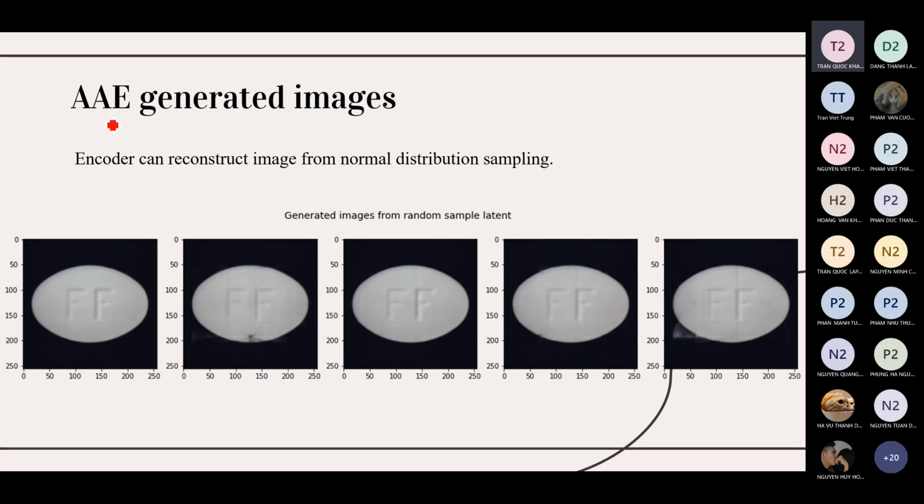For the AAE, because we force it to fit the normal distribution, we can sample from the normal distribution and put it only into the decoder, and it can generate an image that looks like the input image. And here is a generated bottle image.